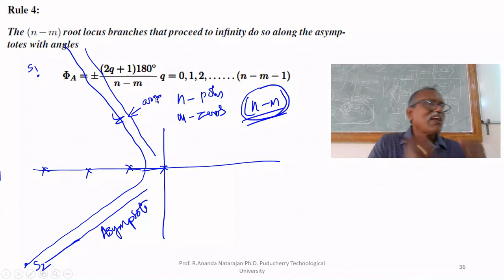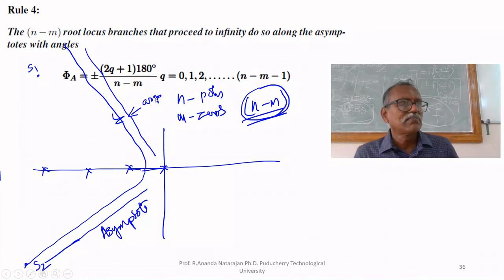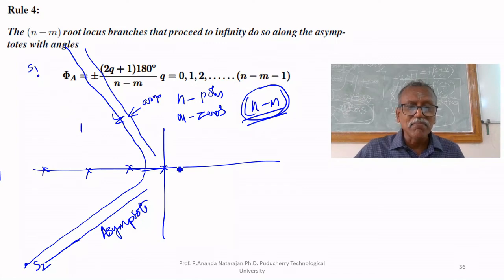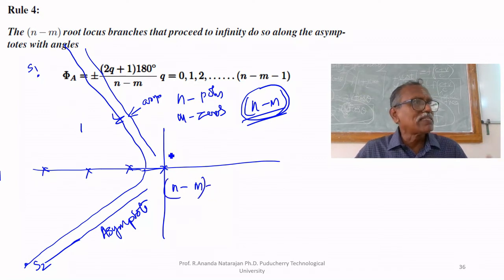What is the angle of that asymptote? We can find the angle of the asymptote. How many branches end at infinity? N minus m branches end at infinity. What is the angle made by all these asymptotes?